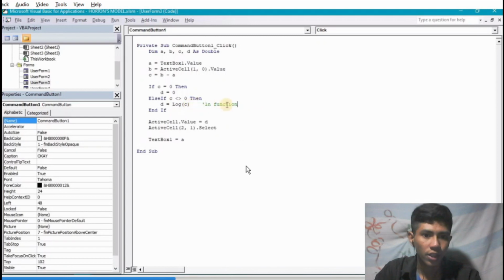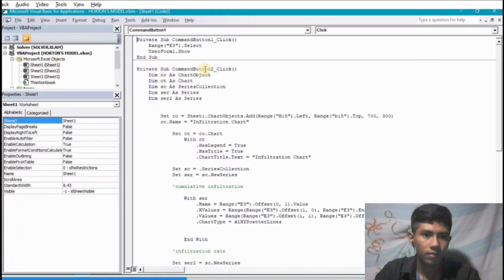Yeah, nag-explain siya, hindi lang natin marinig. Okay. Look, now this is the chart code.